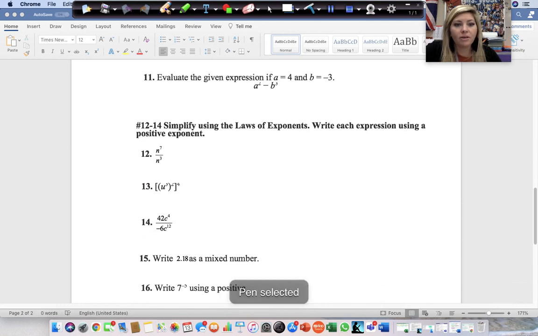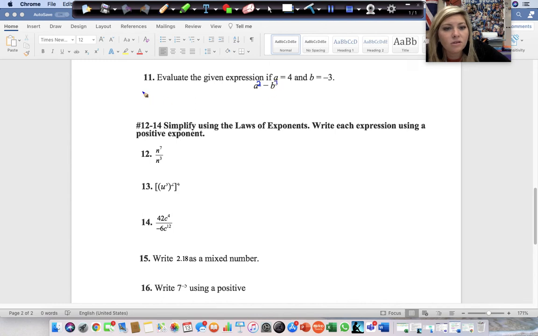All right, number 11. Evaluate the expression given if a equals 4 and b equals negative 3. So this says a squared minus b to the third power. So we've got 4 squared minus b, which is negative 3 to the third power. You want to make sure you're doing exponents first, and then we will worry about subtracting.